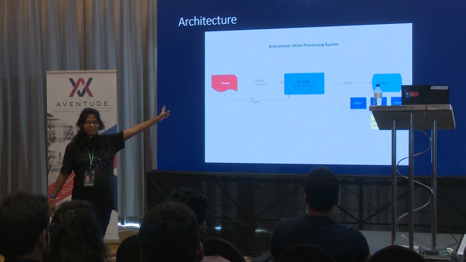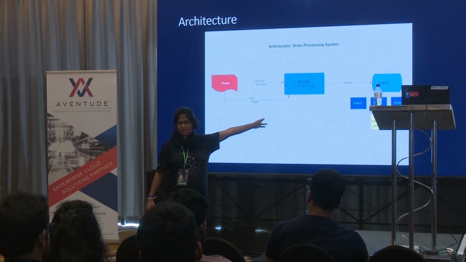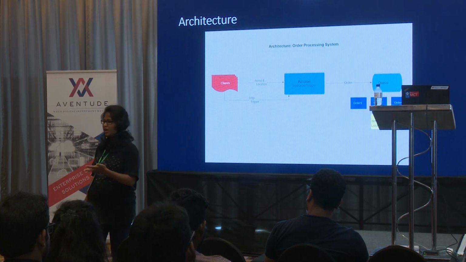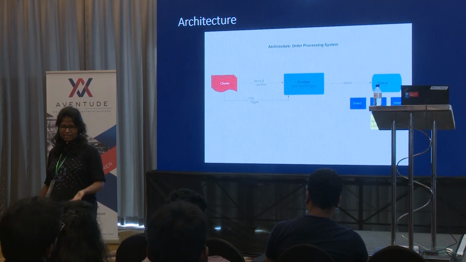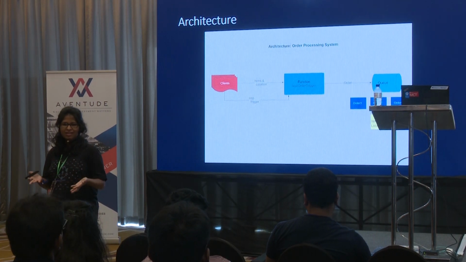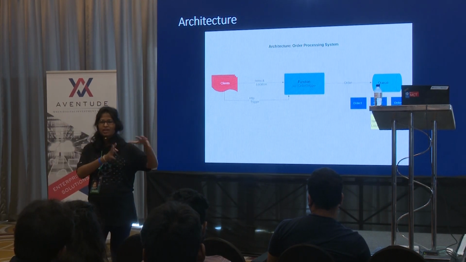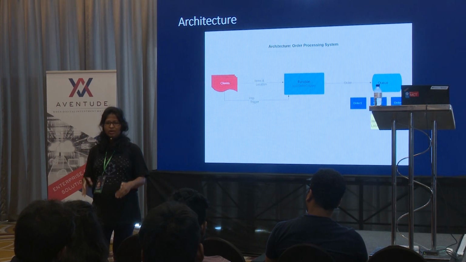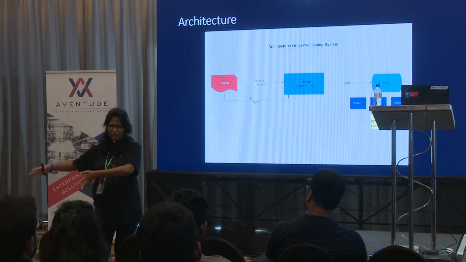Then that order will be stored not in a database, but in queue storage. If you know about Azure storage, in Azure storage you can store files, queues, blobs, your images, your profile images, those kinds of things. Part of that is queues. You can create an Azure storage account and store blobs, files, tables or queues.